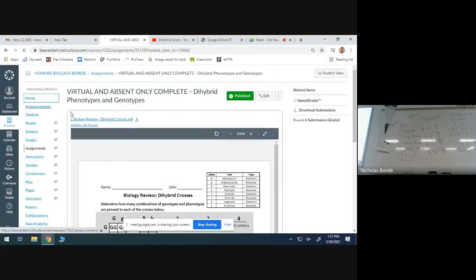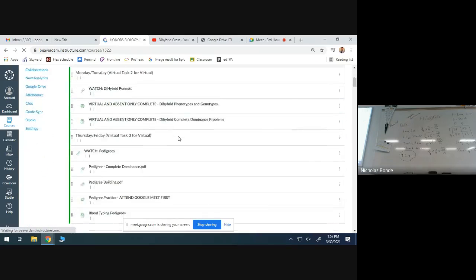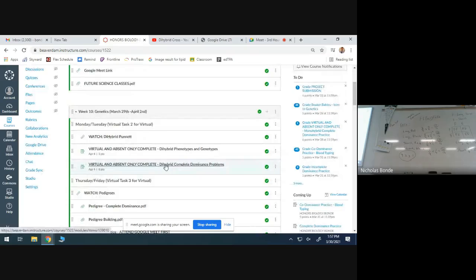In-person folks, I've got hard copies that you'll work with. And then I also want you to complete this one, virtual folks. Sounds good? So if you don't have any questions, virtual folks, you can bounce out and go ahead and work on those. Otherwise, you can stick around and work on them as well, but that's kind of up to you, okay? Perfect.